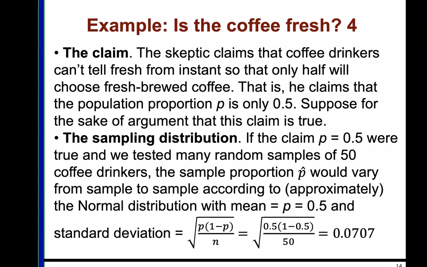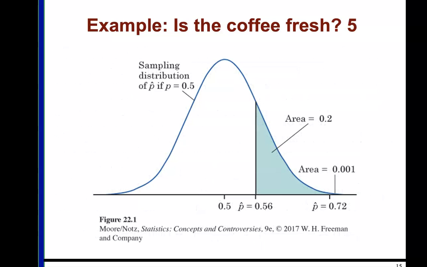Then we create the sampling distribution, just like in chapter 21, where you specify what the proportion is that you're assuming, and then you calculate the mean and the standard deviation for that normal distribution using the same formulas that you see here and that we did in chapter 21. And so what we'll do then is, using our sampling distribution that's centered around our claim, we determine the probability of obtaining sample values.